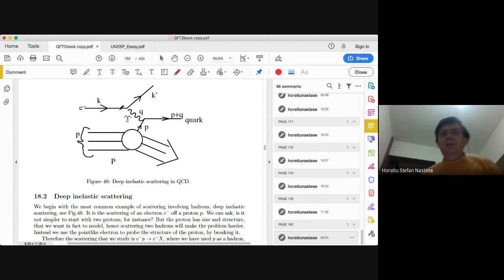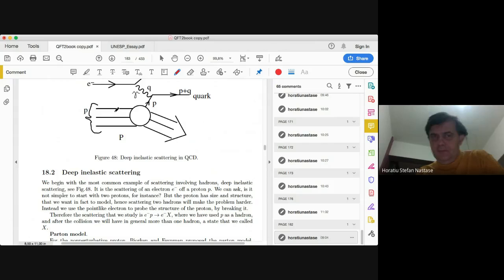Well, the proton has some structure, has a size, and there are quarks bouncing around that are bound together by this gluon force, this linear potential. We want to probe that, and if we bang together two of these, we will not learn very much about the structure. What we should do is probe it with something point-like, the electron. So that's why this is a good example of an experiment.